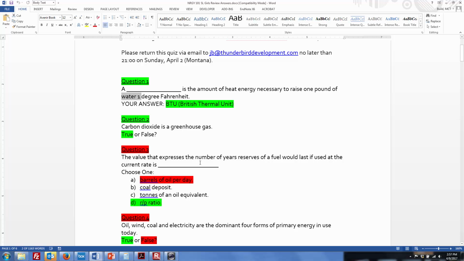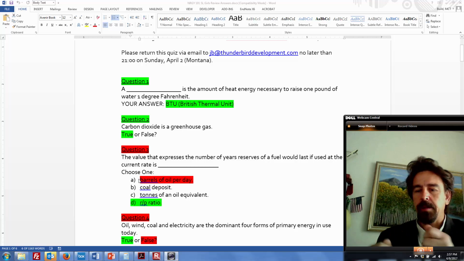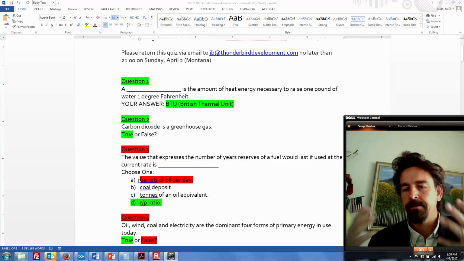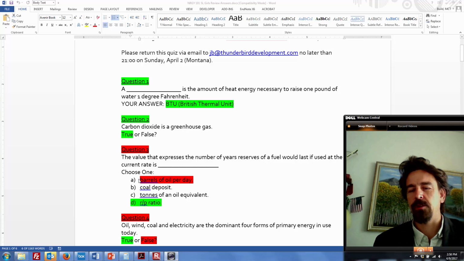Okay, so then this next one, I don't think we really covered this, but let me just show you what this means. So this is a good guess to look at how quickly something is used. So if I'm spending money and I have maybe $10 and I spend $1 every day, then in 10 days I have no more money.